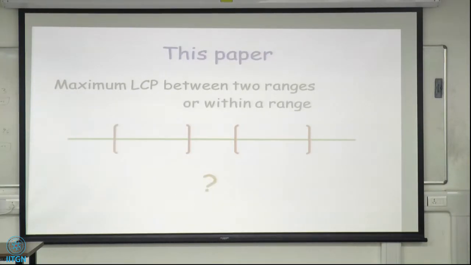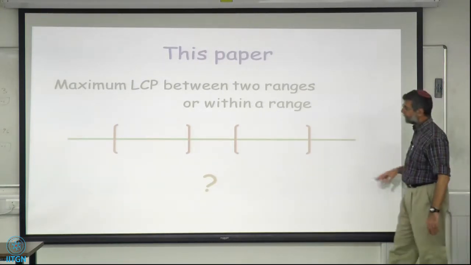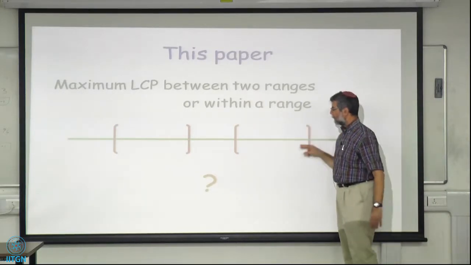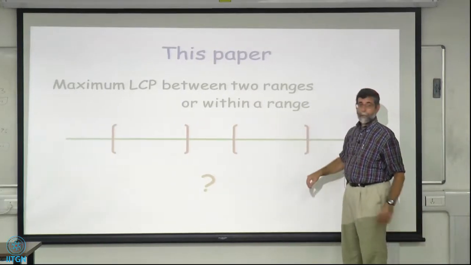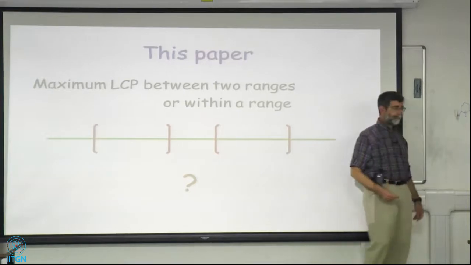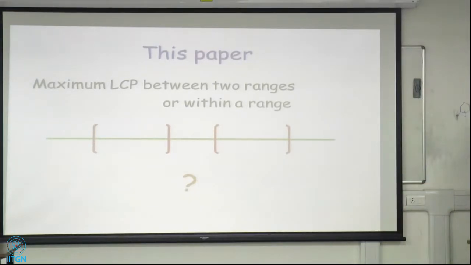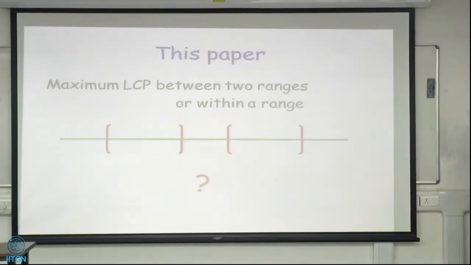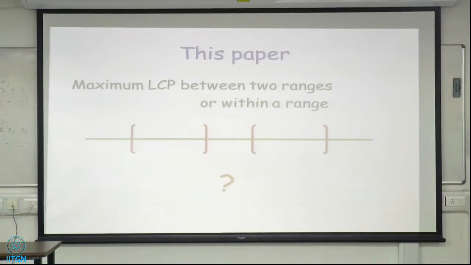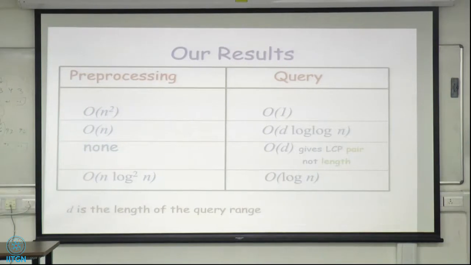So we were saying, what about the maximum LCP between two ranges, or even within a range? So what I'm going to concentrate on now in the continuation is we have one range, and I want the maximum LCP. So obviously, you can do it in time O of the range size squared.